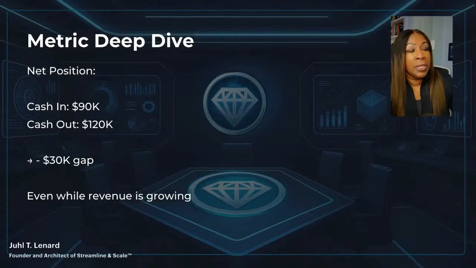Now, cash in 90,000, cash out 120,000, net negative $30,000 gap in cash. This is where revenue is up, but cash is tight. Why? Because of this timing, even when revenue is growing.